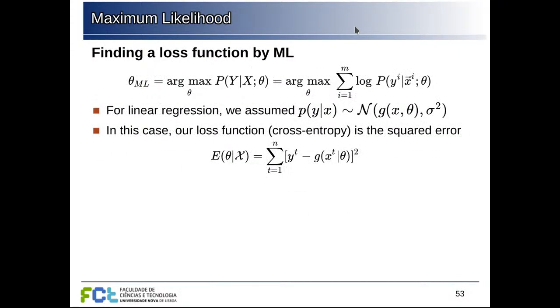So, for example, for linear regression, when we assume that the conditional probability of the target value given the features is a normal distribution around this linear function that we are using for the linear regression, applying this maximum likelihood principle, minimizing the cross entropy between the distribution of the data and what the model is telling us, led us to the minimization of the quadratic error. So for this particular model, we obtain this loss function.